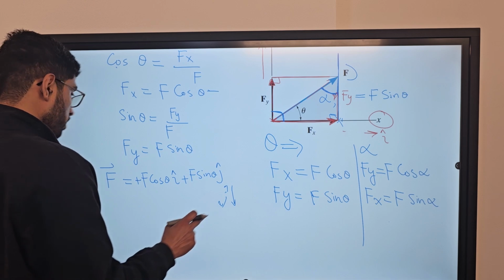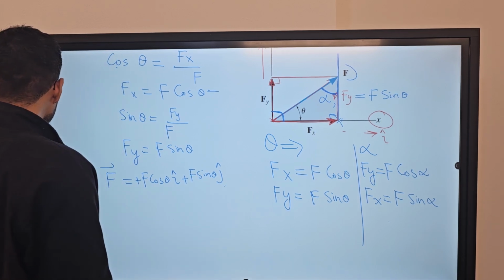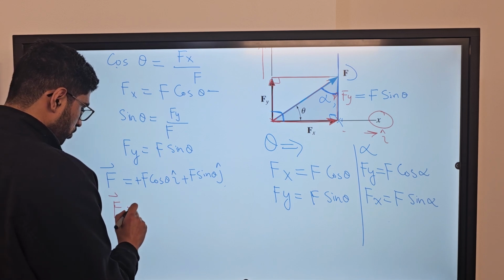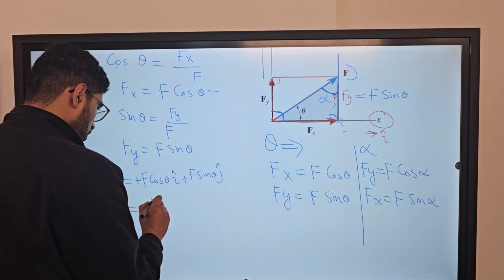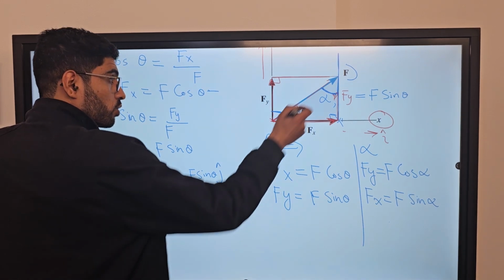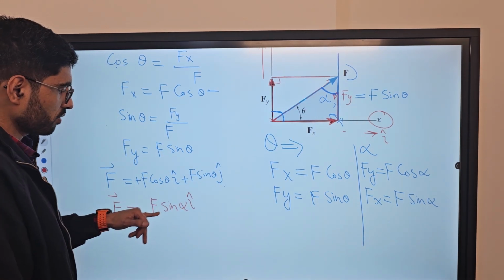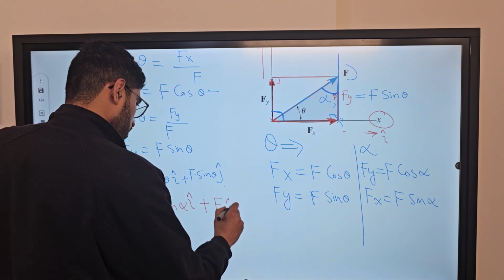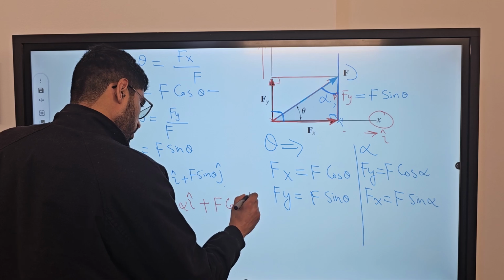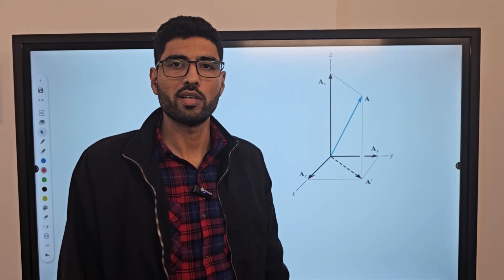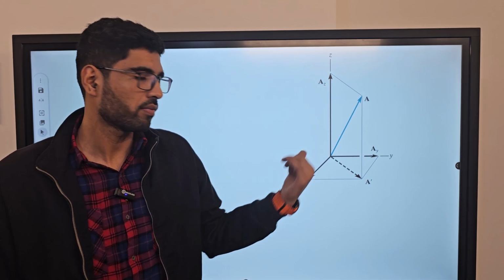Similarly, in terms of alpha, the force f is equal to f sine of alpha i plus f cos of alpha j.